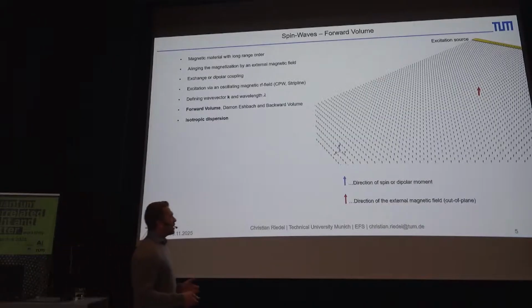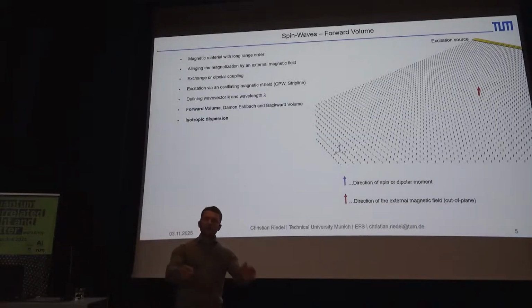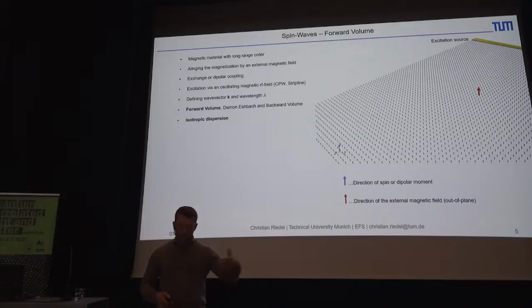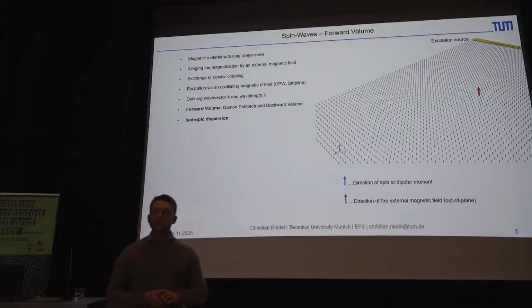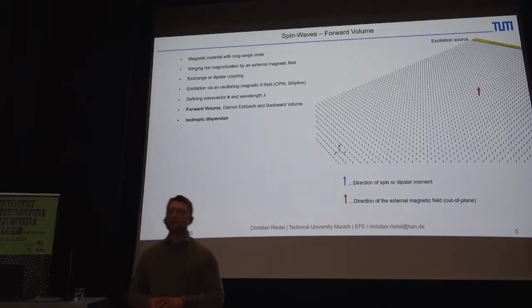So what we want now is to excite a wave inside our material. We want to propagate some information from A to B, and for this we have to excite our magnetization to precess. So we have to excite it out of the equilibrium state, and we can put an excitation source on top of our magnetic material, which in the easiest case is an antenna where we send a radio frequency current through it.